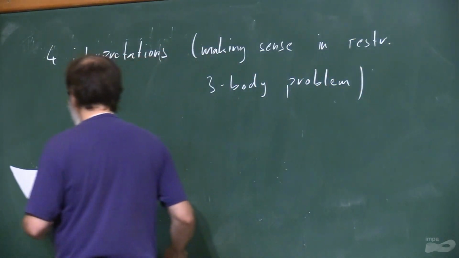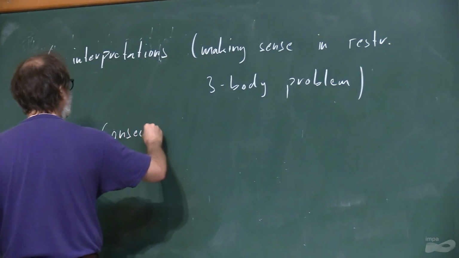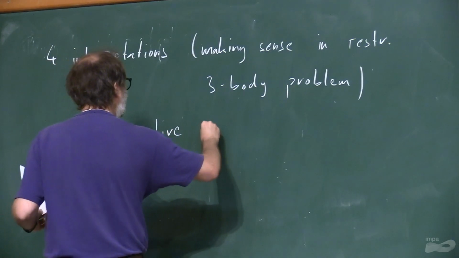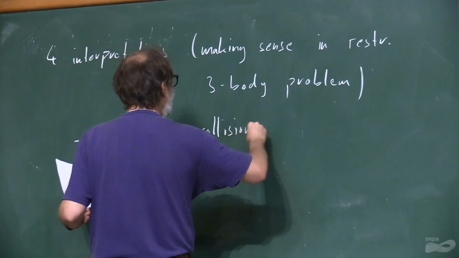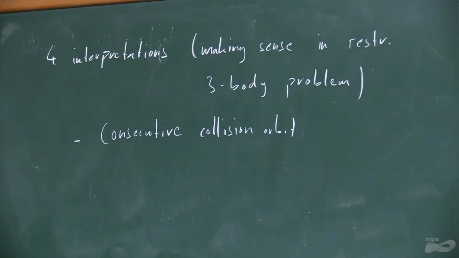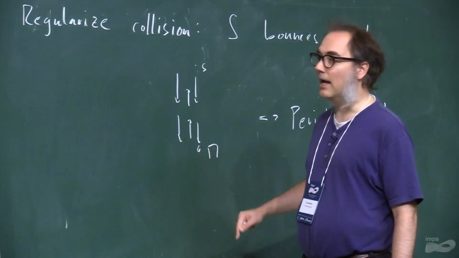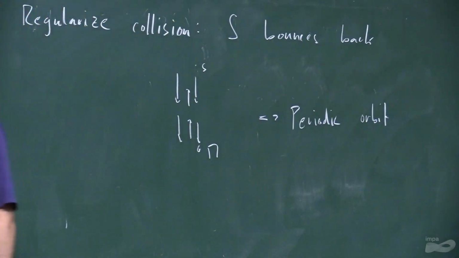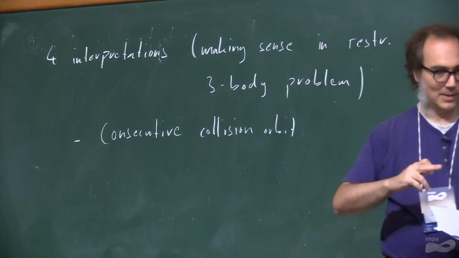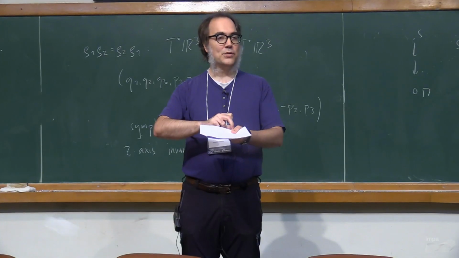We can think of this orbit as a consecutive collision orbit. We have here a collision, bounce back, again a collision, and I will explain more coming week. But a consecutive collision orbit has some kind of open string interpretation.